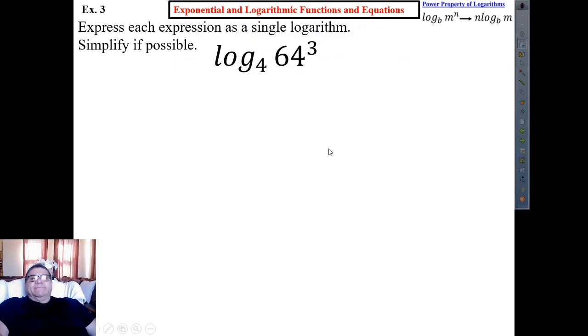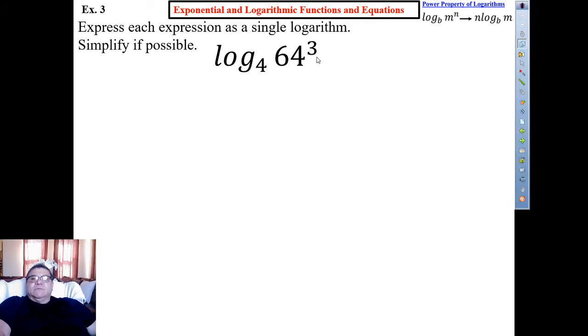Example 3. So it says, express each expression as a single logarithm and simplify if possible. So let's look at this, and I left the power property of logarithms here. So what do we know? Are these the same base? No. So at this time I'm going to move the exponent of the given number as a factor of the whole log.